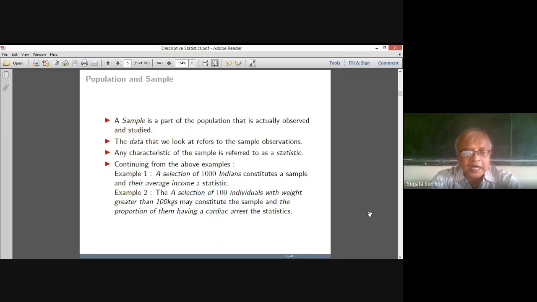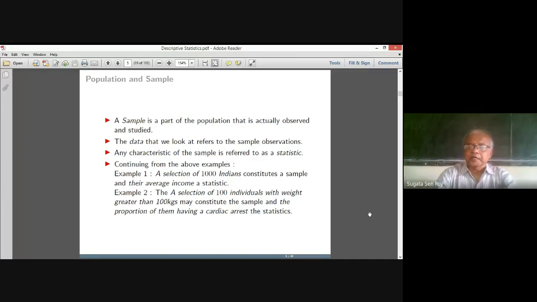Okay, so the 100 in this case is my sample out of all possible individuals who have weight greater than 100 kgs, or who are obese. I select 100 of them as a sample, and the proportion in this sample is what I observe.